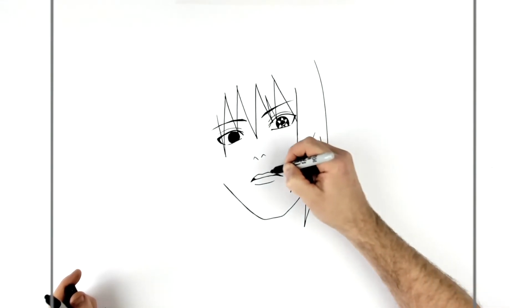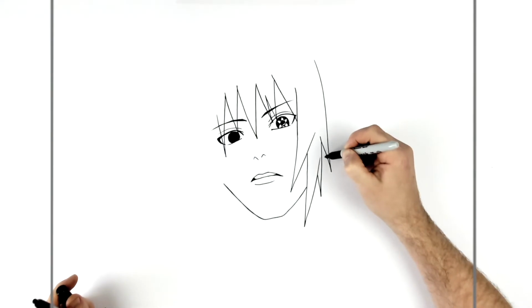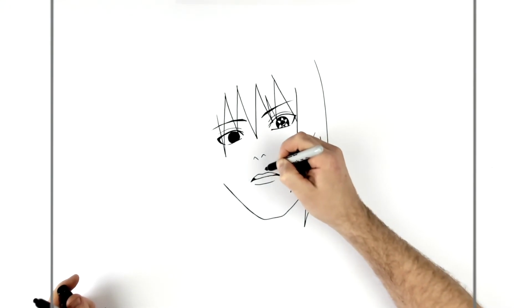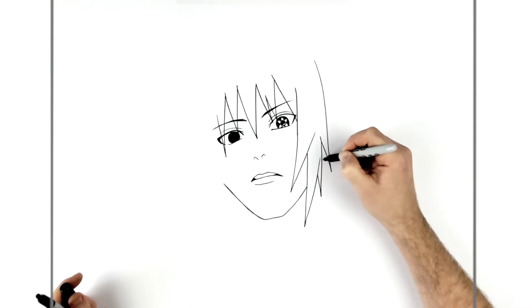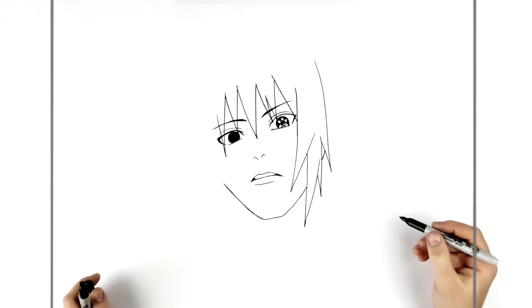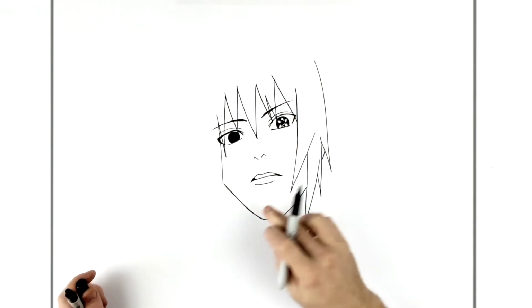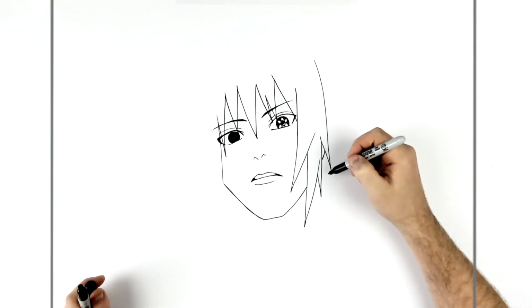And I think we can see a little bit of his ear in this gap. You should see a little bit of his ear in here anyway. Right, so then the hairline comes down here, goes behind his collar, this side.